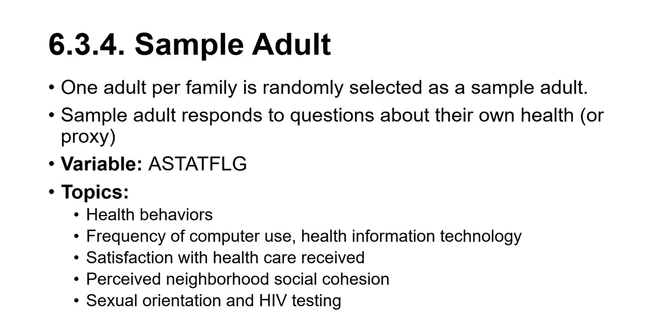Topics in this section include health behaviors, frequency of computer use, as well as the questions on health information technology, satisfaction with healthcare received, perceived neighborhood social cohesion, and sexual orientation and HIV testing.